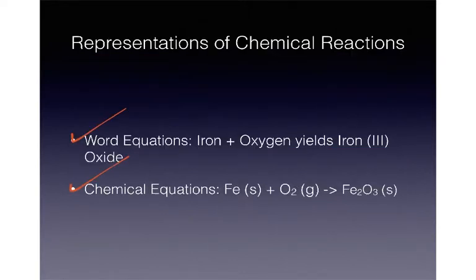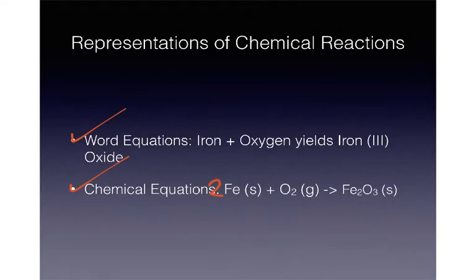So if we go back to this example, this has 2 irons and this has 1 iron, meaning that that's not equal. So for this one, to just do it really quickly, this isn't the official way of doing it, but for this one, you would probably do 2 iron, but then this has 3. There are 3 oxygens here and 2 oxygens here.